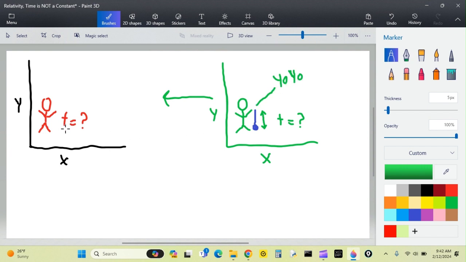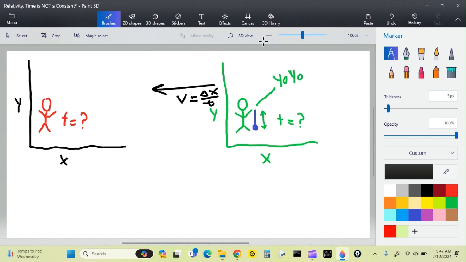Now, for the times, I put a question mark and a question mark because according to my title, it says time's not a constant. And that's the real question here. What's going on? I put the velocity of this asteroid in black because that's what this observer sees. This observer doesn't think he's moving at all, but we know he's moving. That's why he's in green. And also I put the velocity equals the change of x over a specified time, divided by time.